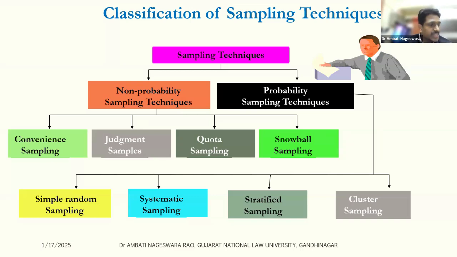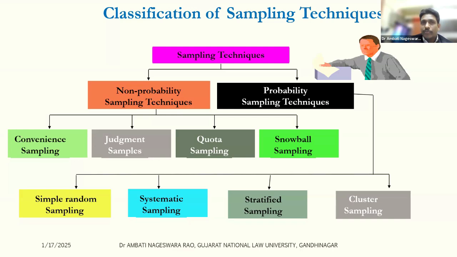Whereas when it comes to non-probability sampling, every respondent does not have an equal chance of being selected. It means you're going to choose certain criteria to select your respondent. Though we are not going to talk about probability sampling, I want to spend some time on non-probability sampling technique. In general, if you observe, most quantitative researchers use probability sampling technique, and similarly, qualitative researchers go for non-probability sampling technique.